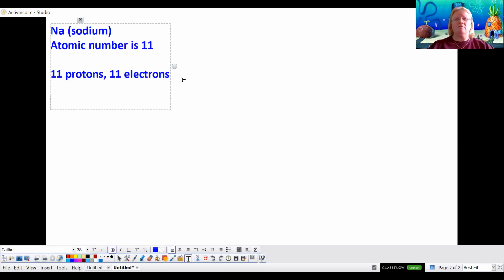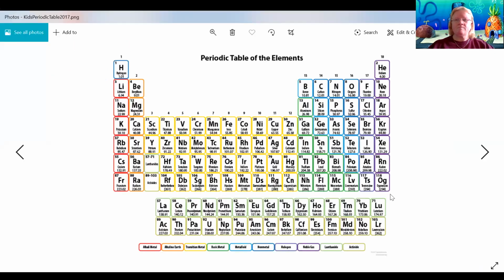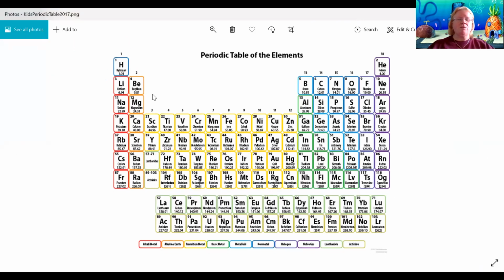So if I go back and look at this, we can look right here. Okay, sodium is on the left there. Let me show you. Sodium's right there. And you can see that's its atomic mass, 22.99.